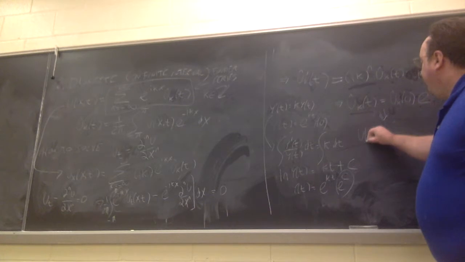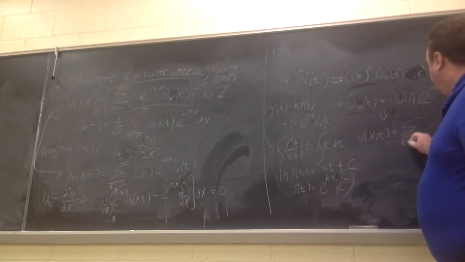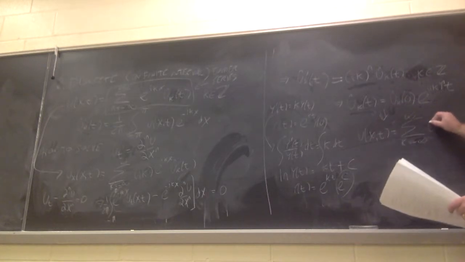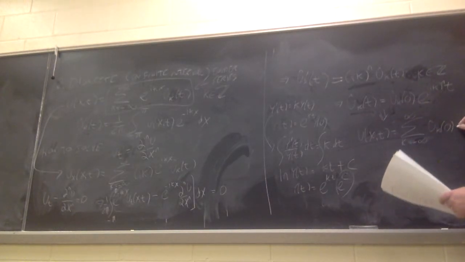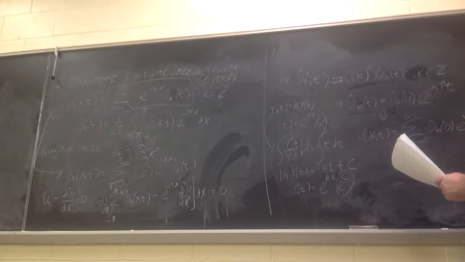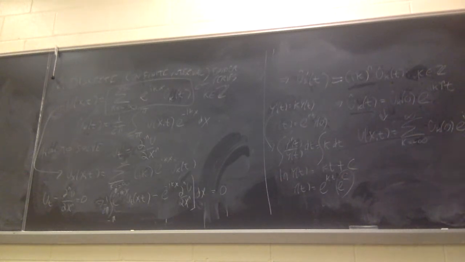So u of x,t is a sum of, so I'll fill in the initial value, then we have e to the i k x plus i k to the n t.